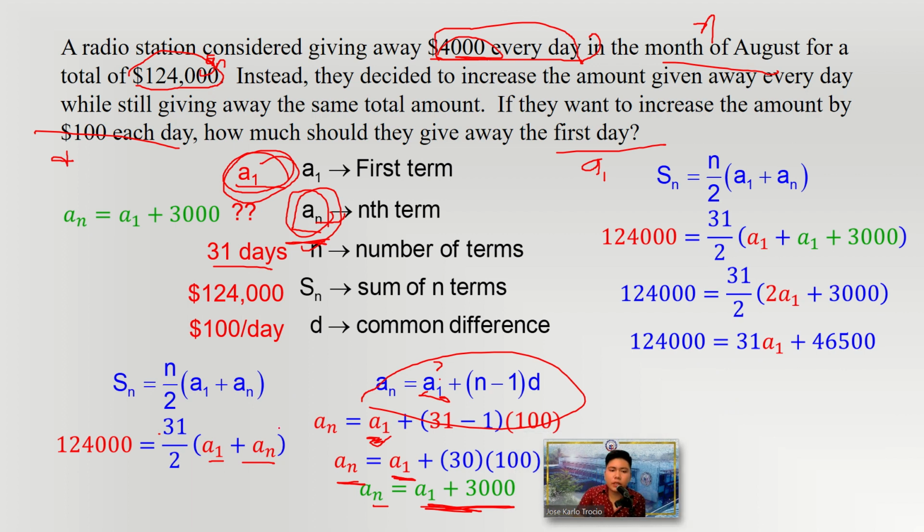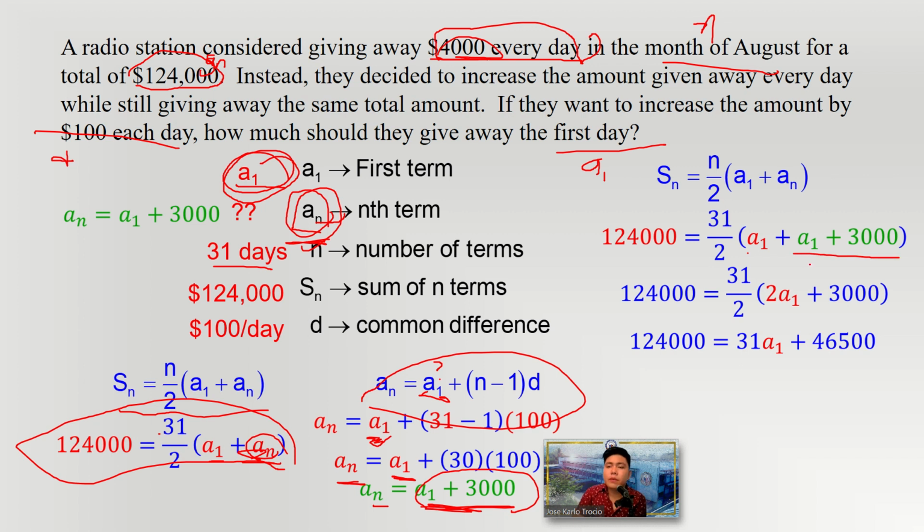We stop here because we do not know the value of a sub n, but now we found out that a sub n is a sub 1 plus 300.